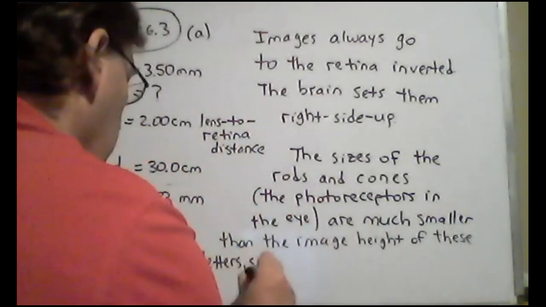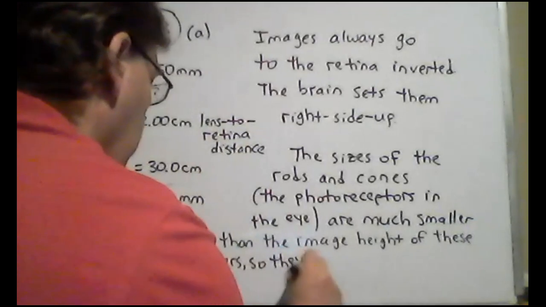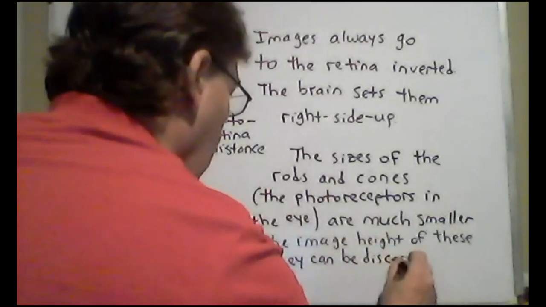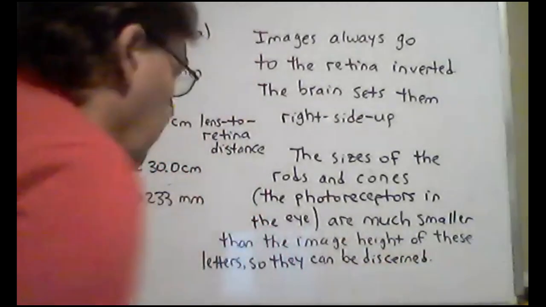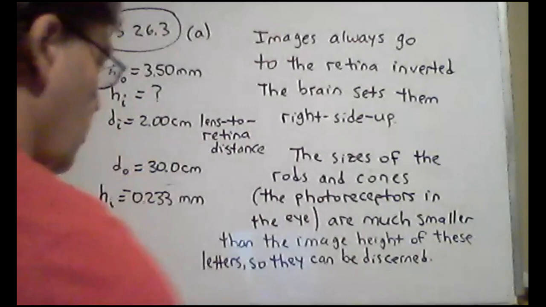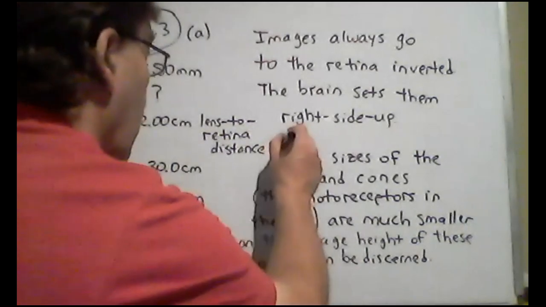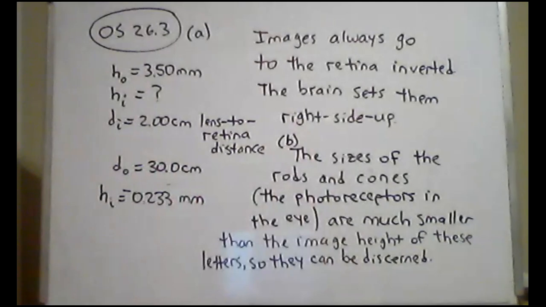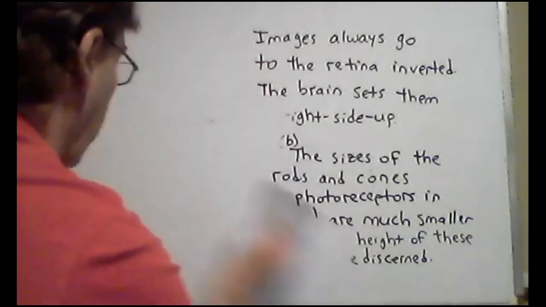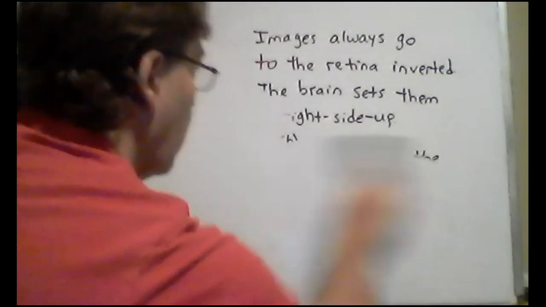So they can be discerned. As long as the rods and cones are smaller than what you're looking at, then you should be okay. This was part B, by the way. The reality is, can I actually see something this small? Of course, we were able to see the human hair, so certainly we can see print on a book page.